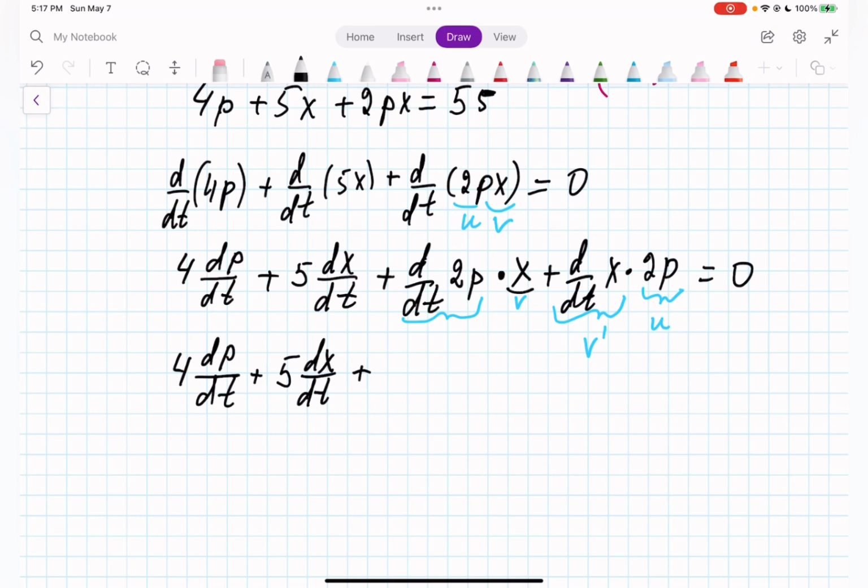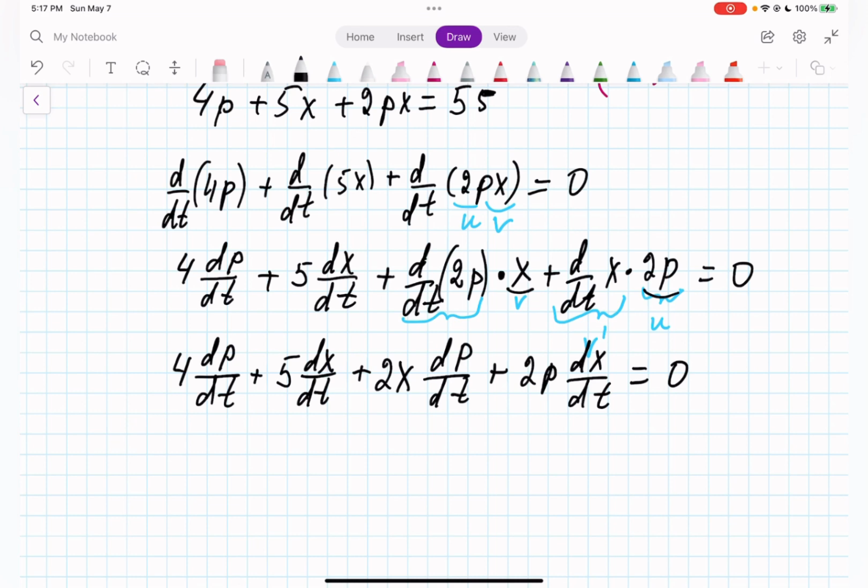This x has nothing to do with the derivative, so 2x will come out, and under the derivative will be dp by dt, plus 2p will come out, and under the derivative we have dx by dt. So we ended up with 4 terms here. Do we have anything we can combine?